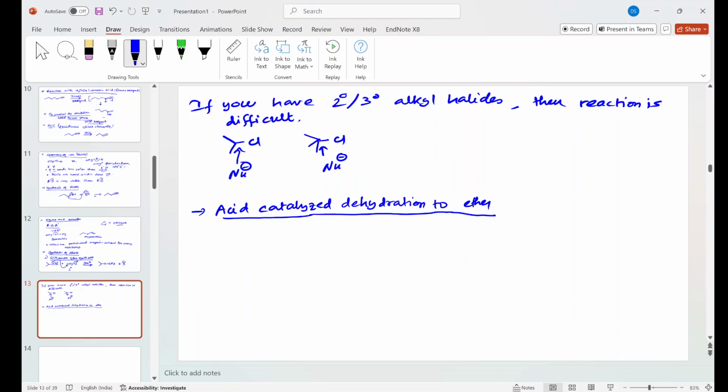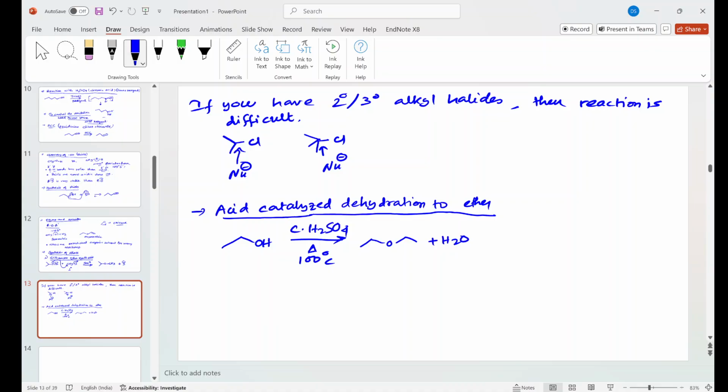So you have the alcohol here. You react with concentrated H2SO4 at 100 degree. You will get the ether plus water.